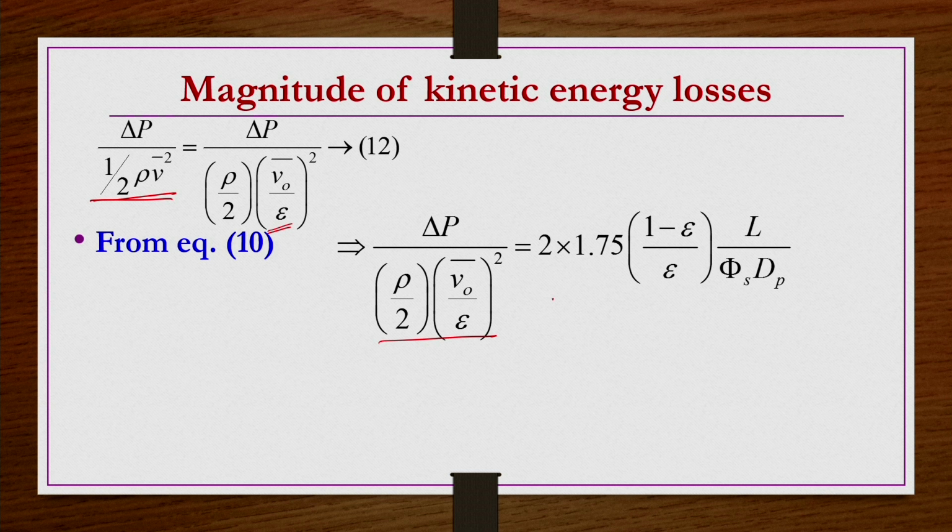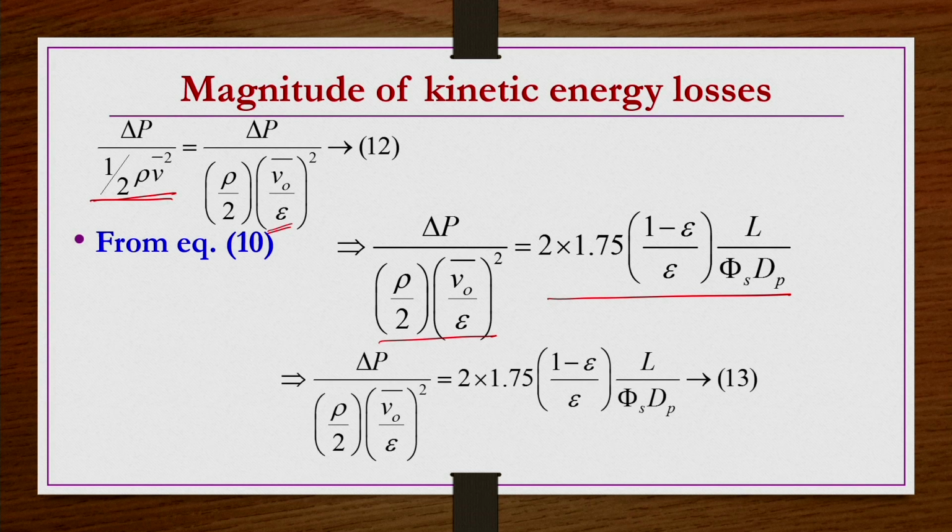When we do this, we get on the right hand side 2 into 1.75 into 1 minus epsilon by epsilon multiplied by L by phi s dp. On the right hand side, everything is known: voidage is in general known for a given bed, sphericity of the particles is known, and the volume equivalent diameter of the particles is known for a given system.